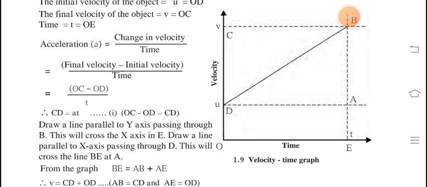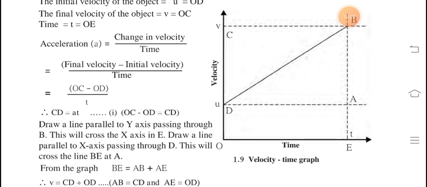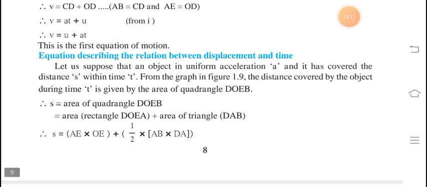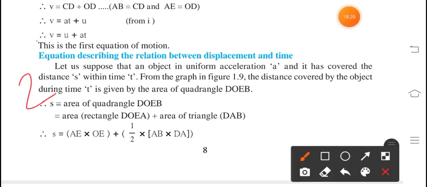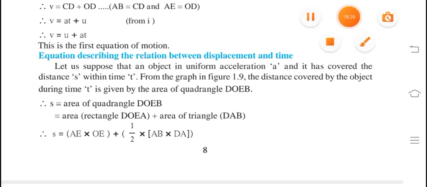Now we will find another relation between displacement and time. So this is the second equation, and here we solved the first equation, which I have shown you in the video. Now to solve this second equation, please observe here, it is very important.